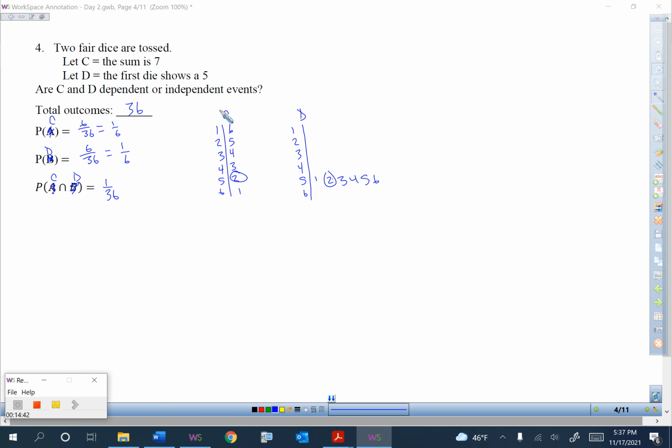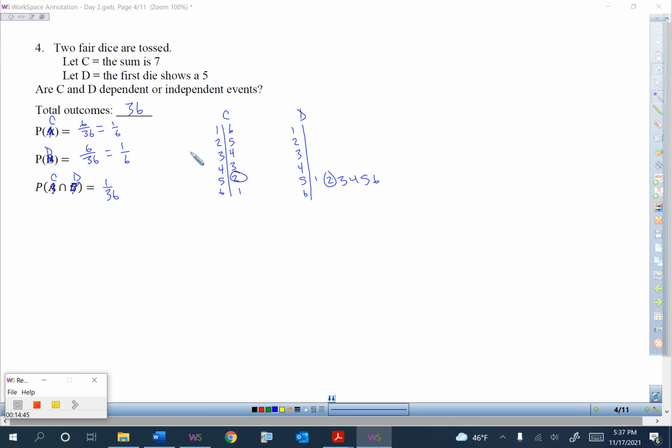Alright, here are our sets. If we want a sum of 7, 1 with 6, 2 with 5, and so on, there are 6 out of 36, so the probability is 1/6. When we talk about the first die being a 5, 5 could go with any number, so there are 6 of those. If you want to think about just the first die, 1 out of the 6 sides is the number 5, so you can think about it that way as well. Either way, we're going to think about the overlap.